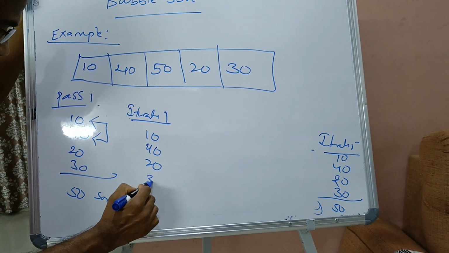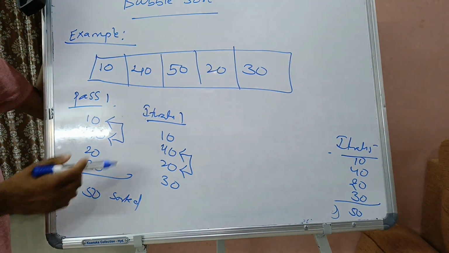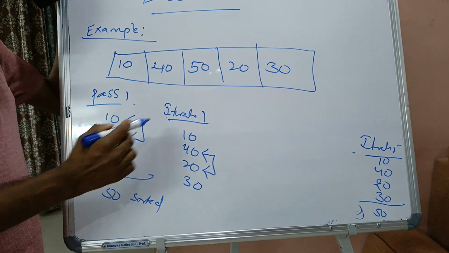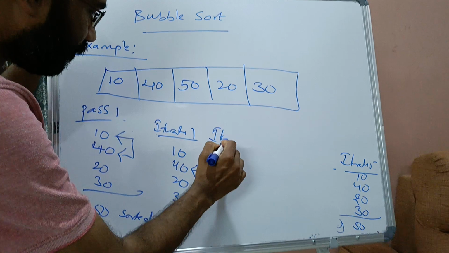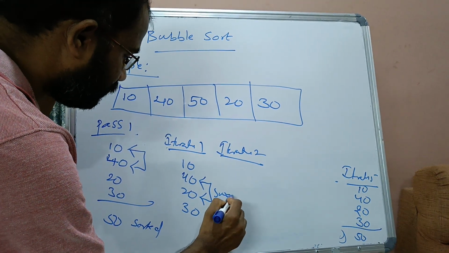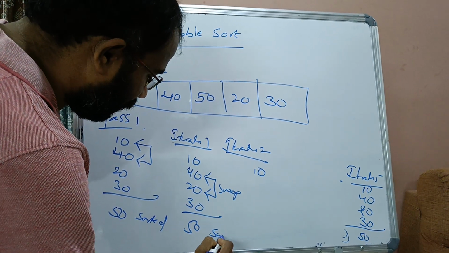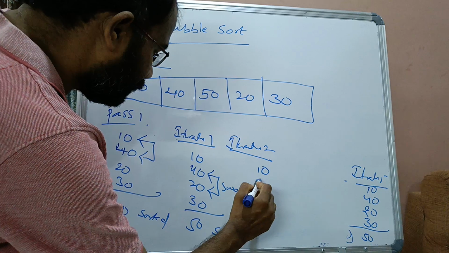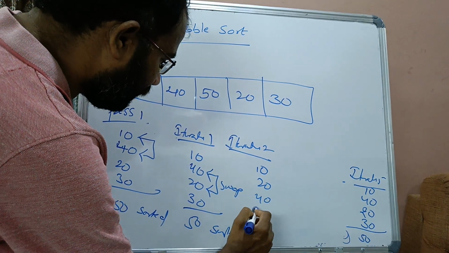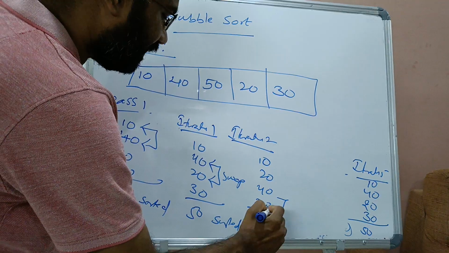Now 40 and 20 are compared. 40 is higher than 20, so we swap. Then 10, 20, 40, 30, and 50 is already sorted. Now 40 and 30 are compared.